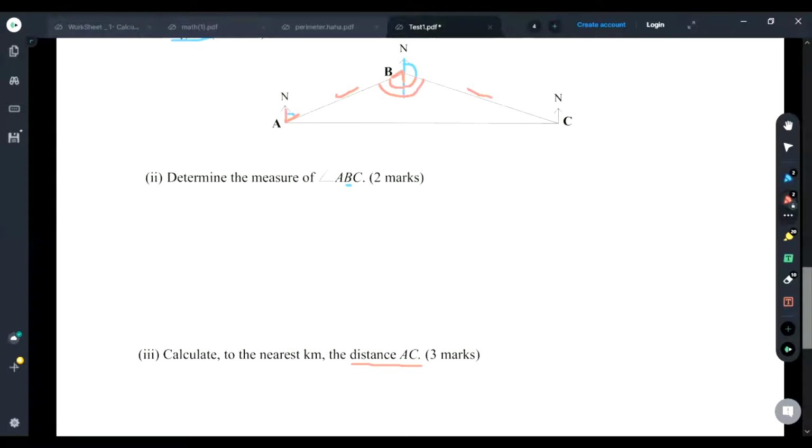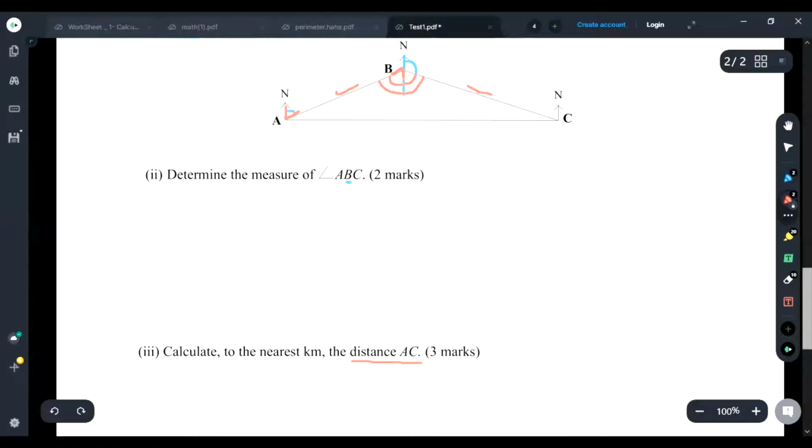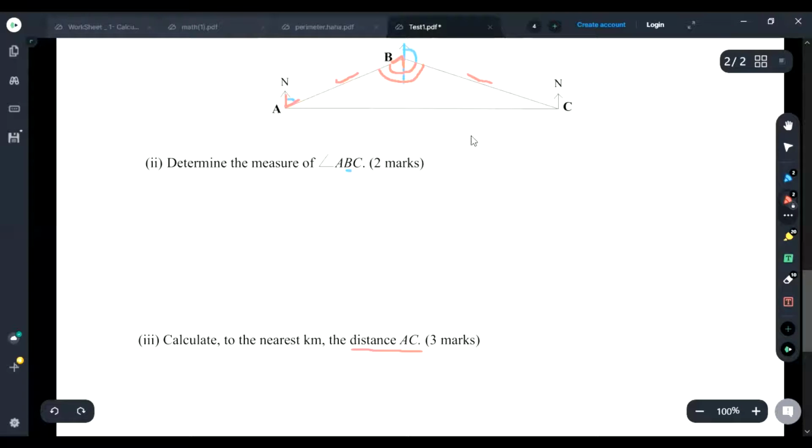Will we use the sine rule again? Will we use cosine? I believe that's the right thing to do. Use the cosine rule because you have an included angle, an angle between two given sides. So go ahead and use the cosine rule to find AC, this length here from A to C.